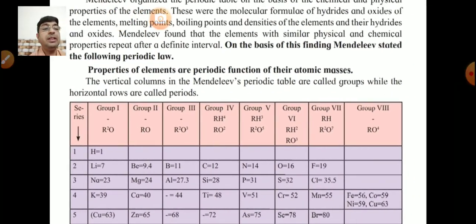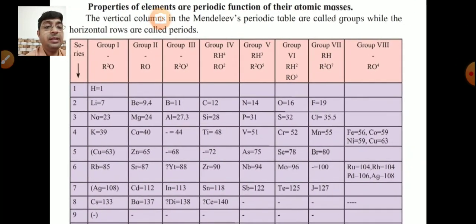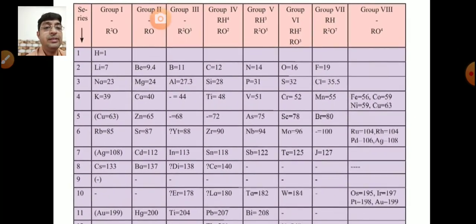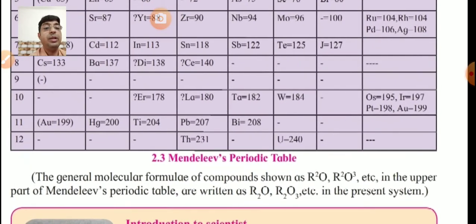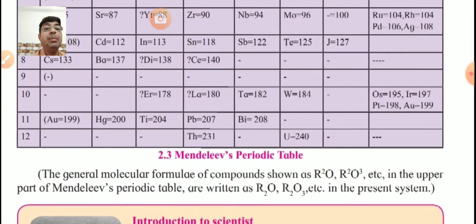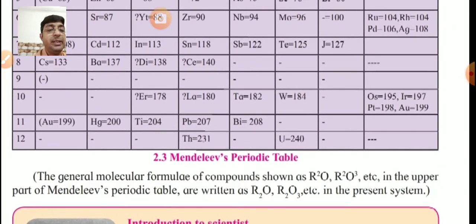So in the following table, this table is of Mendeleev's periodic table. The general molecular formulae of compounds shown as R2O, R2O3, etc. in the upper part of Mendeleev's periodic table are written as R2O, R2O3, etc. in the present system.